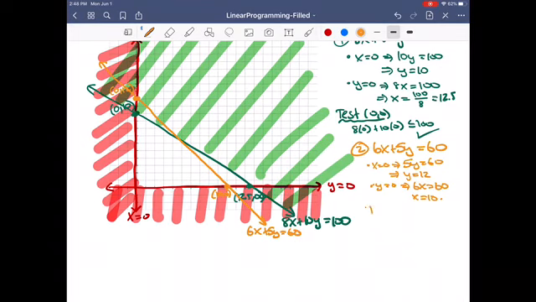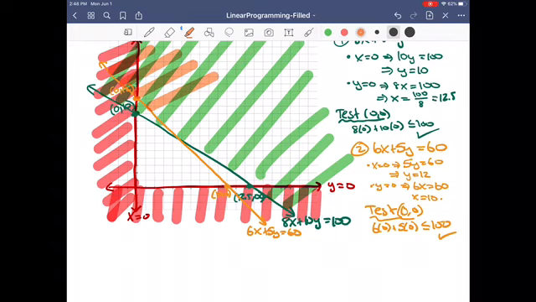And again, I'm going to test 0, 0. And I get 6 times 0 plus 5 times 0 less than or equal to 60. Okay, that's also true. So 0, 0 is on the right side. So I want to also shade everything above this line.